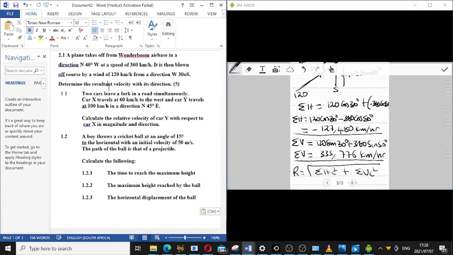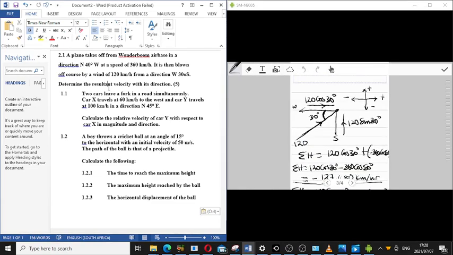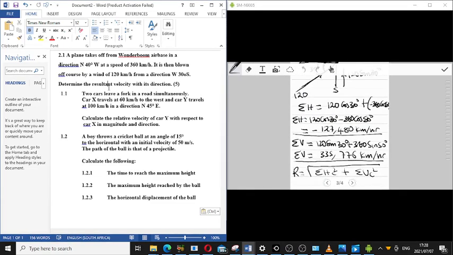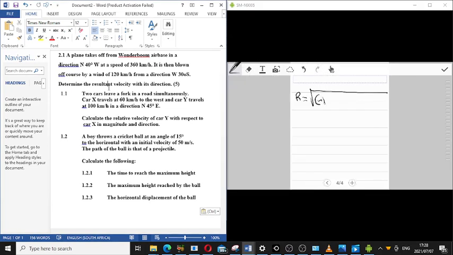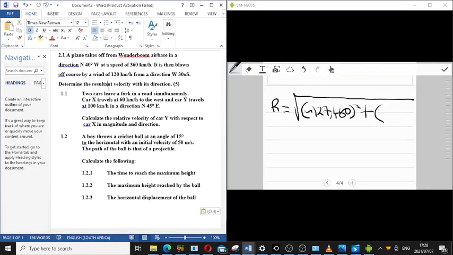So we can go to the next page and say our resultant is equal to the bracket of the summation of the horizontal component, which is minus 127.480, squared, plus for the vertical, 335.776 squared.